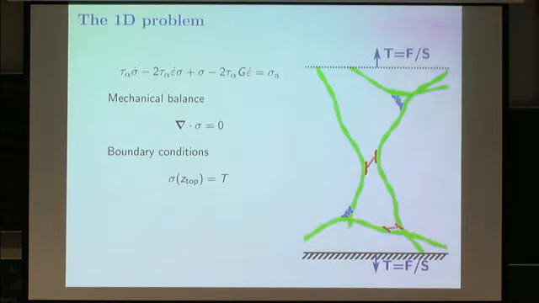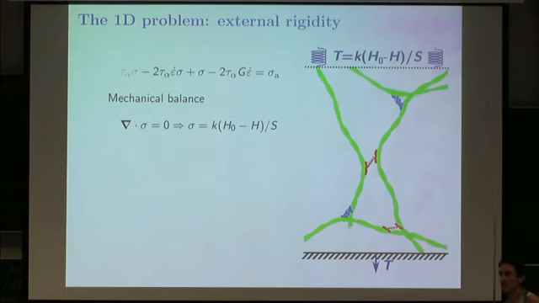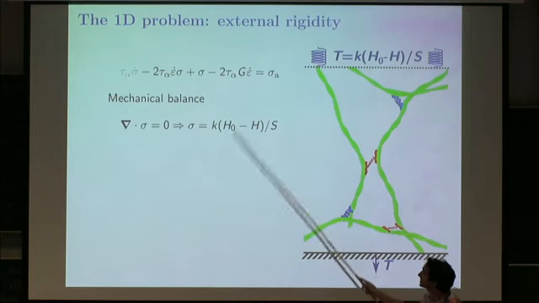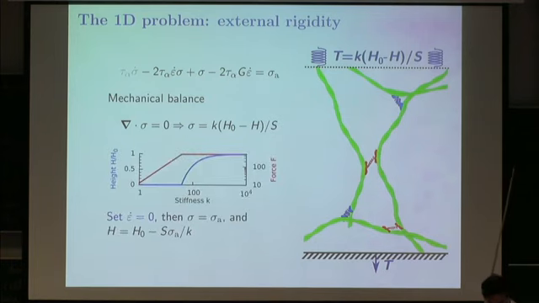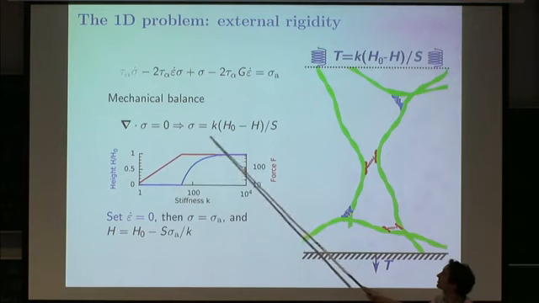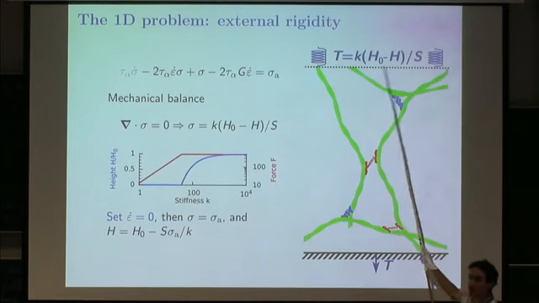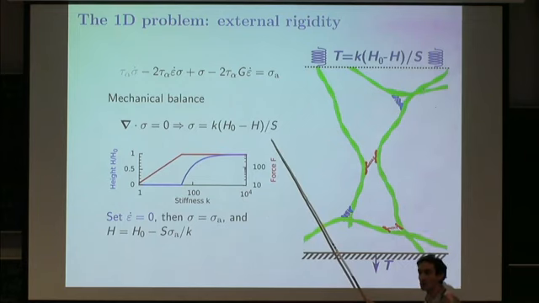And then the interesting case is when you put some resistance at the boundary, so for instance a spring resistance like in the experiments, and then you can relate the rate of strain and the stress via the external stiffness here. And you have some reaction, which is that if the external stiffness is too high, you have no deflection of this boundary, so it's like a Dirichlet boundary, and you have the maximum force, which is the myosin exerted force.